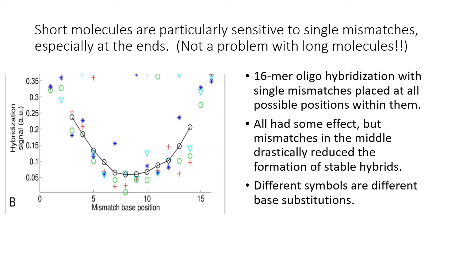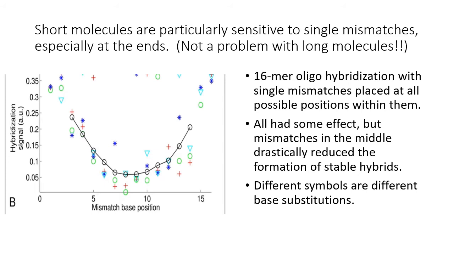Then they took one of those molecules and systematically changed one nucleotide at a time. So they had a whole collection of 16-mers which matched the first one at all positions except for one. So there would be one position of mismatch within this 16-mer. The question being asked in this experiment was whether the placement of that mismatch has some effect on the ability to form stable hybrids with the complement, or almost complement.